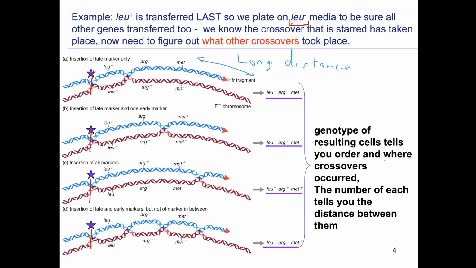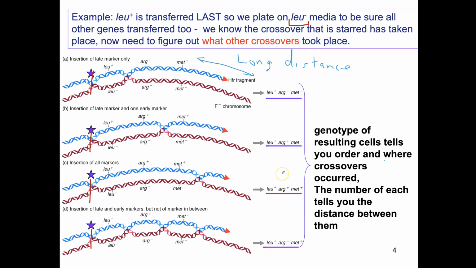There are different combinations of them that you can buy, but you can also just plate them on minimal media and add arginine and methionine so that cells of all 4 types will grow. These are the types that we're going to get: leucine wild type but arginine minus, methionine minus; leucine and arginine wild type, but methionine mutant; wild type for all of them; and leucine wild type, mutant for arginine but wild type for methionine.